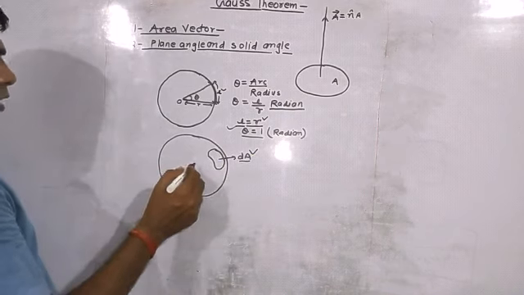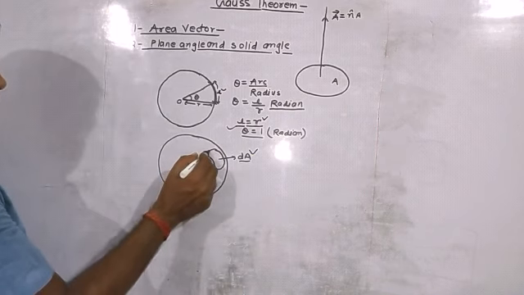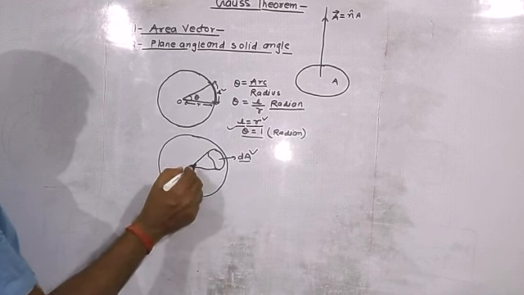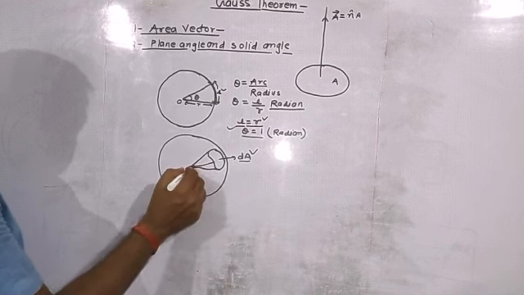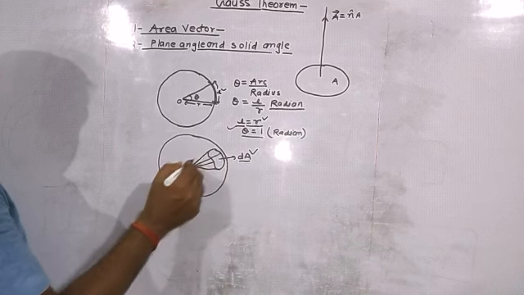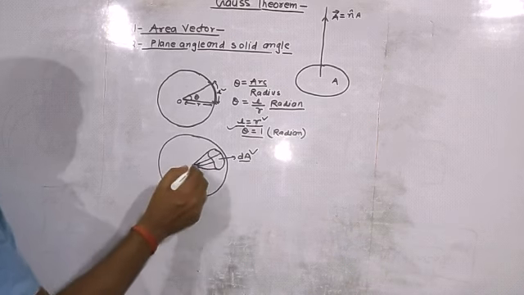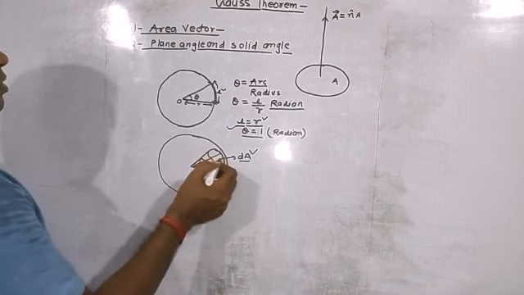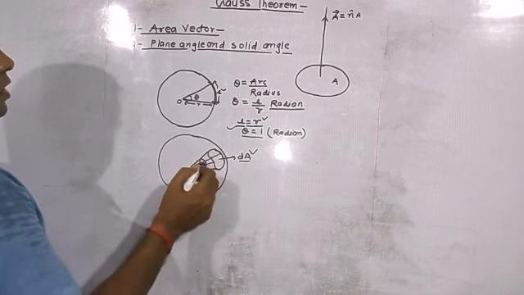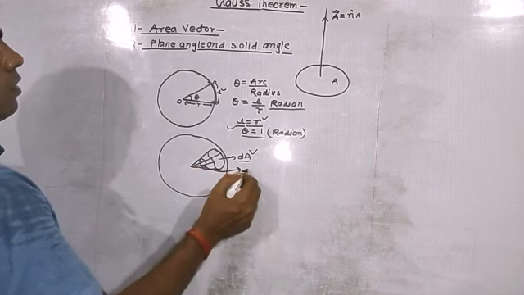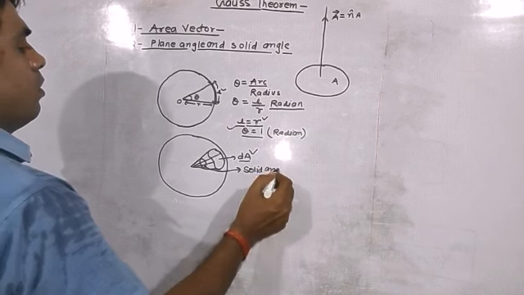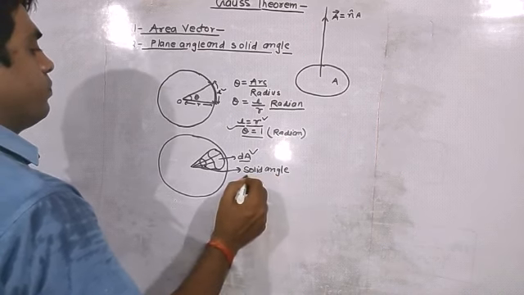Now suppose that this particular area subtends some angle at the center of the sphere. Now whatever area is subtended by the surface of the sphere is called solid angle. This is the solid angle.